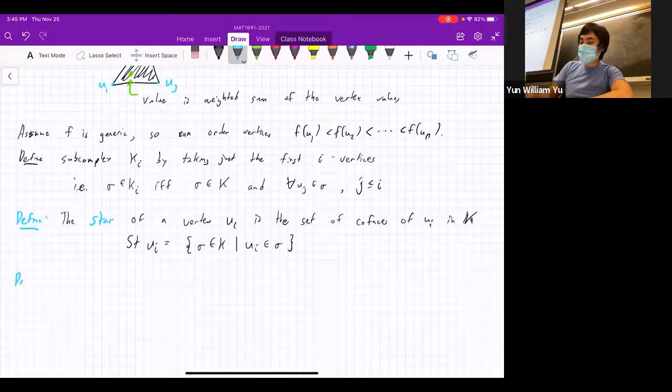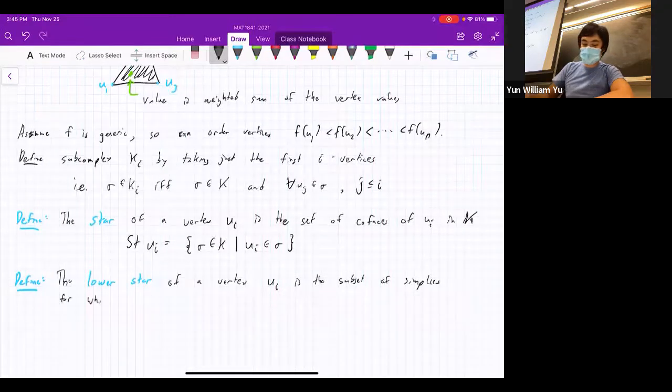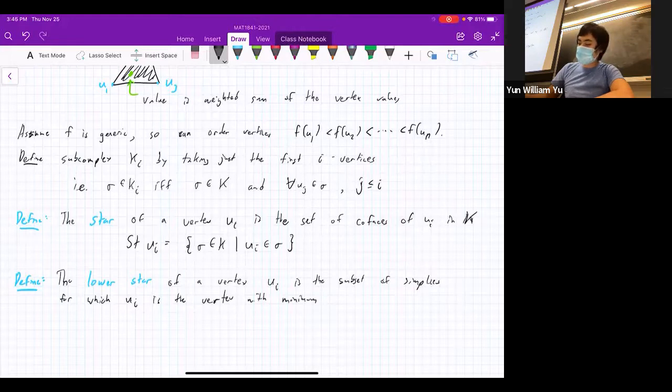And now we can define a lower star, because we're trying to define this thing called the lower star filtration. So the lower star of a vertex ui is the subset of simplices for which ui is the vertex with minimum function value.